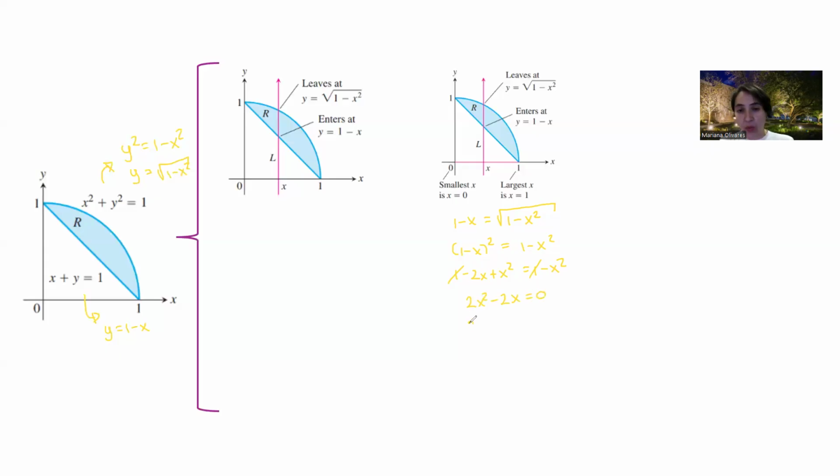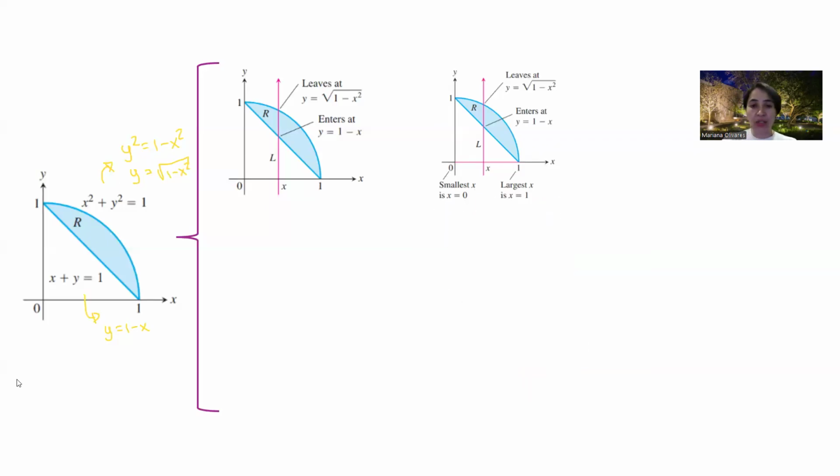You can take as a common term 2 times x, and that is giving us this relation from here. Basically, if the first term is equal to 0, we can get the first value, x equal to 0. And if the second term is the one that is equal to 0, in this case, we're getting that x has to be equal to 1. Okay, so from there, we're getting the points 1 and 0 that we have here. Well, my apologies, 0 here and 1 here. Okay, that is important to keep in mind.